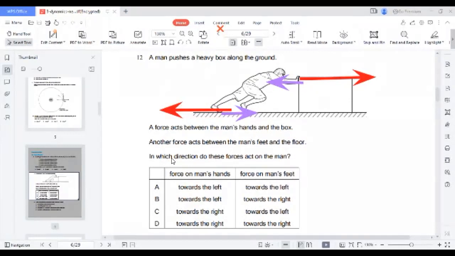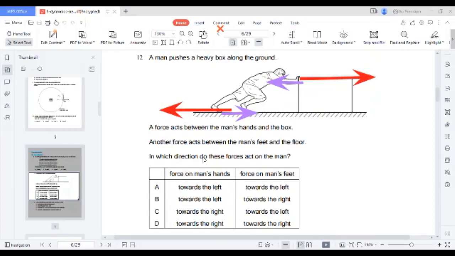In which direction do these forces act on the man? So this force is acting on the man in this direction, and this one is in this direction. On hands it is in the leftward direction, on feet it is in the rightward direction. So let's see the options.